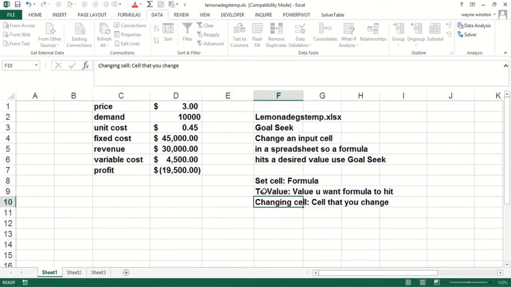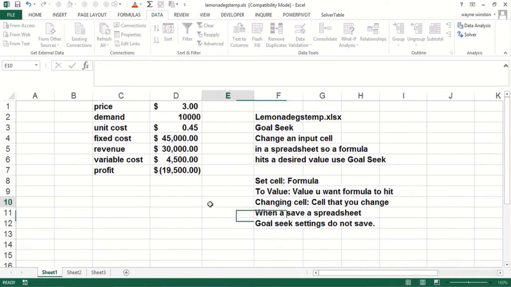Now, the only problem is when you save a spreadsheet, the GOALSEEK settings are not saved. And this is pretty annoying, but that's life.